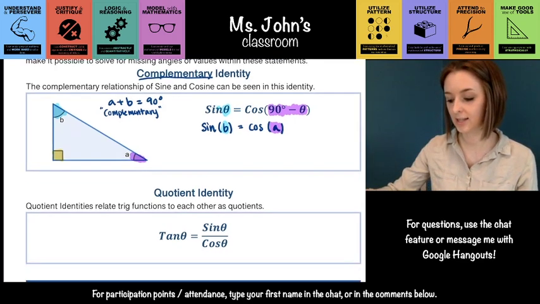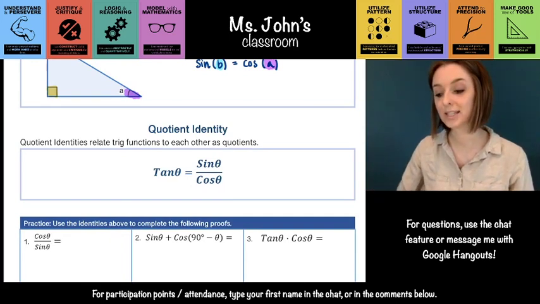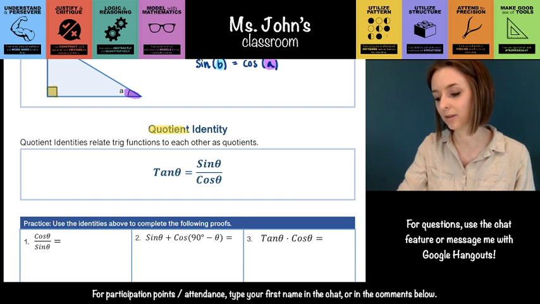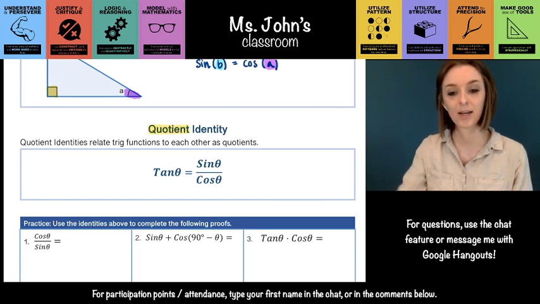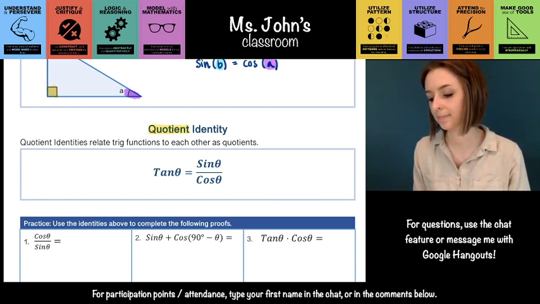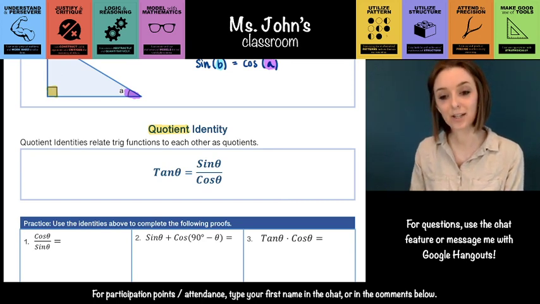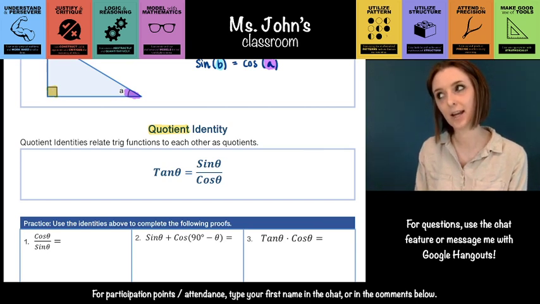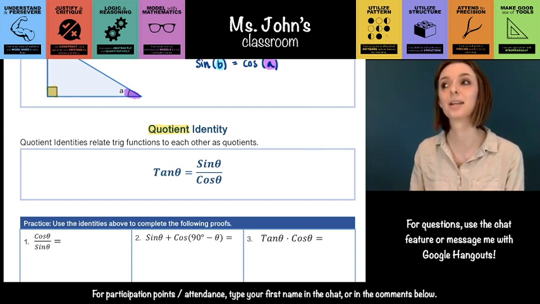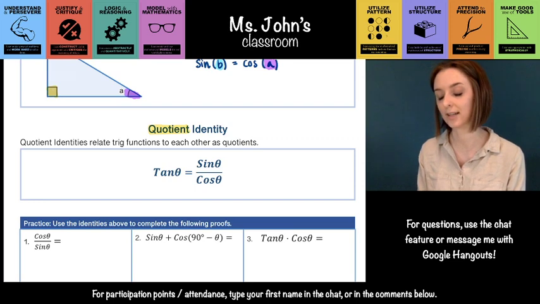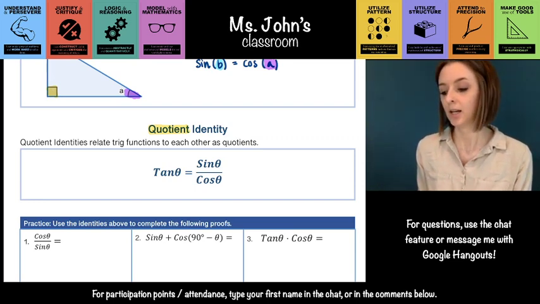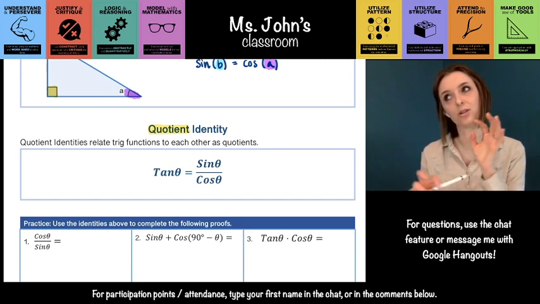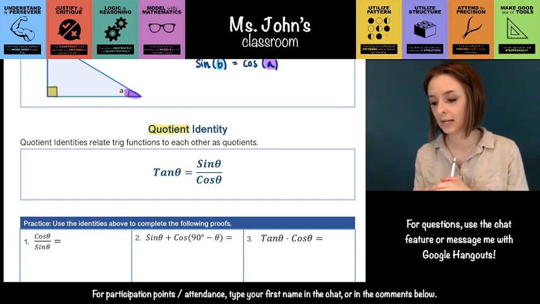That's our first identity. The second identity we're learning is the quotient identity. Quotient is just a really fancy word for fraction, two things divided by each other. So it turns out that tangent of an angle is equal to sine of that angle divided by cosine of that angle. We actually learned that last time when we were learning the unit circle. Tangent was the one dividing the sine value and the cosine value.